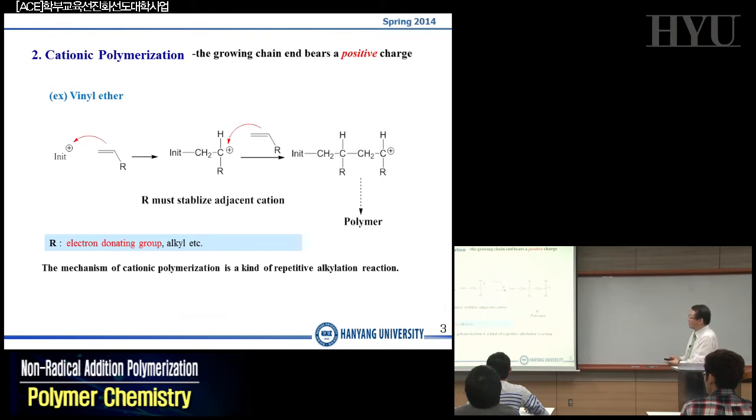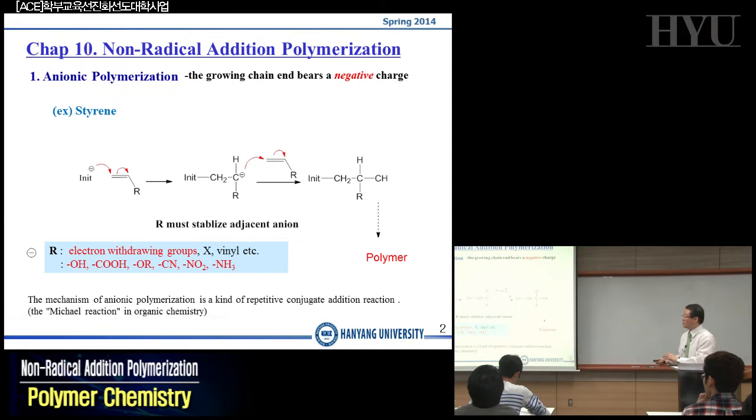The basic difference between the anionic polymerization in the previous case and the cationic polymerization is the initiator. The type of the initiator is different, and the type of your monomer is different in terms of the substituent groups. The substituent group should be electron donating in the case of cationic polymerization, whereas in the anionic polymerization, you should have an electron withdrawing group, and the initiator is a negatively charged initiator.